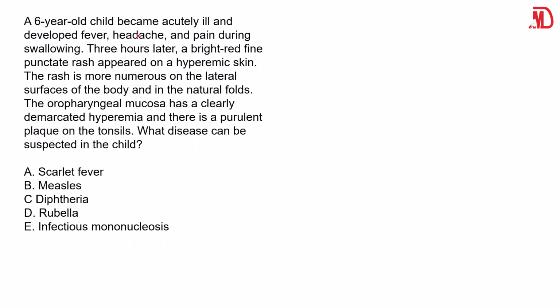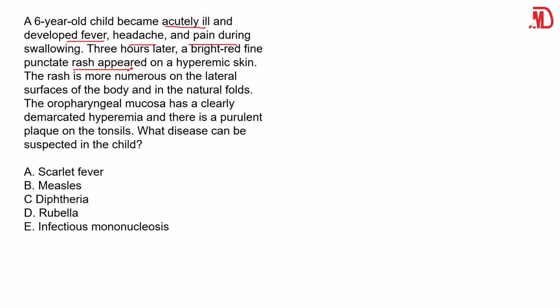So a 6-year-old child became acutely ill and developed fever, headache, and pain during swallowing. It simply means there is definitely a throat infection, normally caused by strep. Now, 3 hours later, a bright red fine pointed rash appeared on a hyperemic skin.